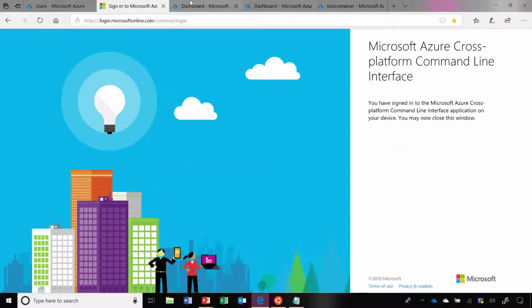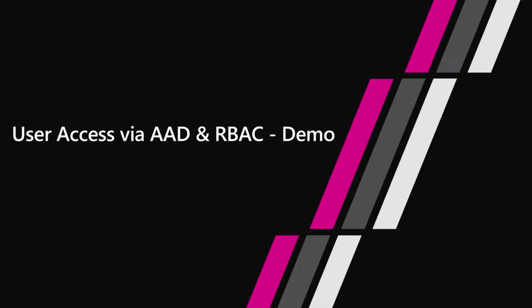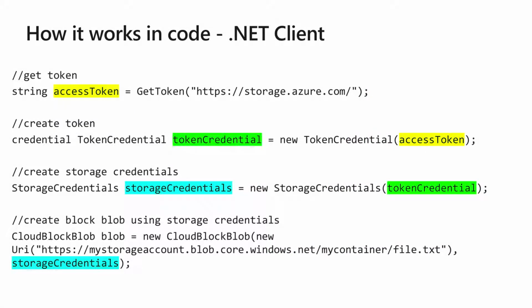Okay, let's talk about identity some more. Just for an example of how this works in code, this is a .NET example. If you're familiar with Azure Active Directory and OAuth tokens, this uses those same concepts. You retrieve an access token.